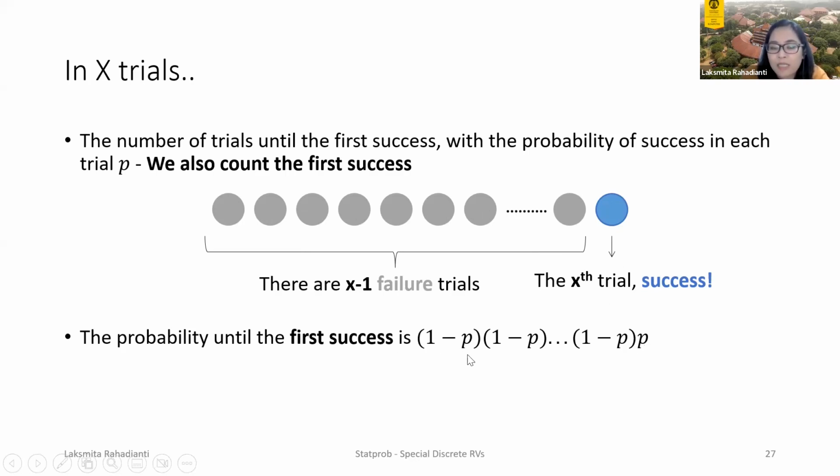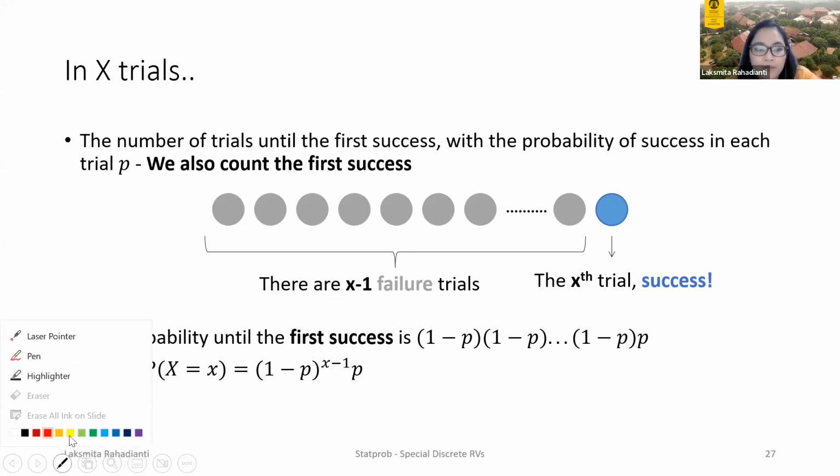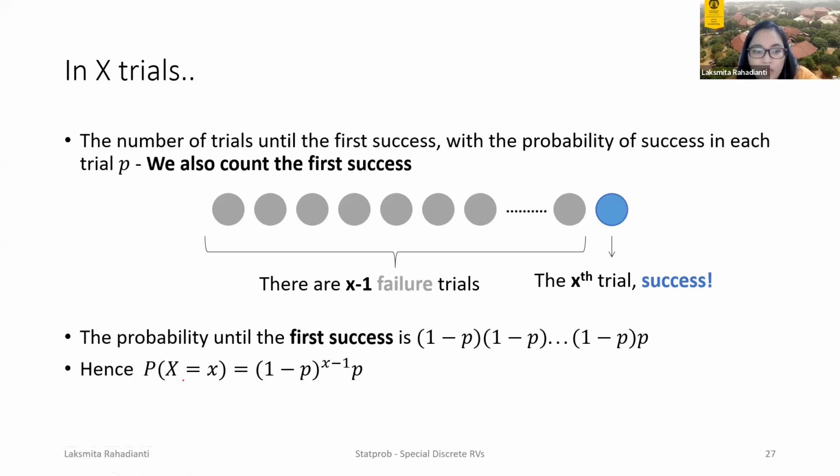If I compute those probabilities, 1 minus P for every single failure times P for that single success, that gives me the probability of X being x, in which my X in this case is the number of trials until success.